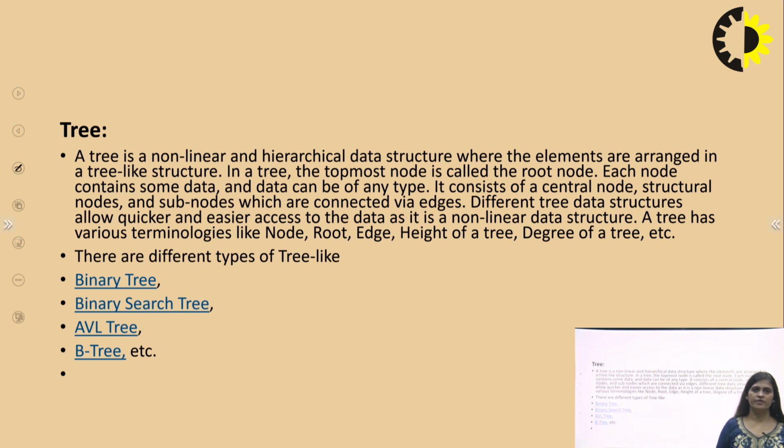Tree data structures allow quicker and easier access to the data. It is a non-linear data structure, and the tree uses various terminology like root, node, edges, height, etc. There are different types of tree like binary tree, binary search tree, balanced tree, AVL tree, also called the balanced tree, B tree, B plus tree, etc.